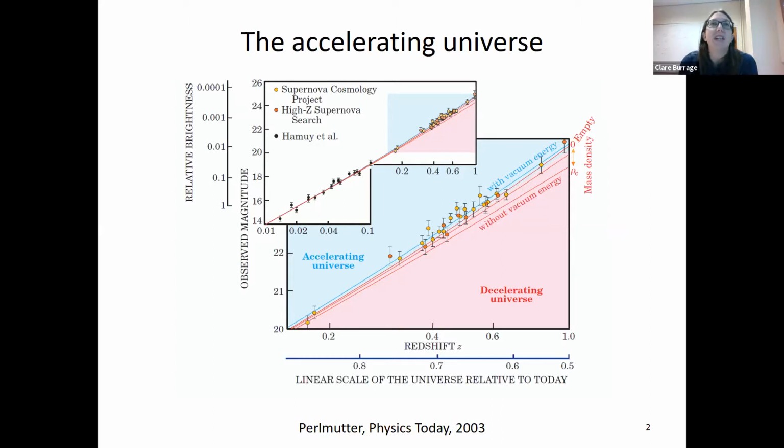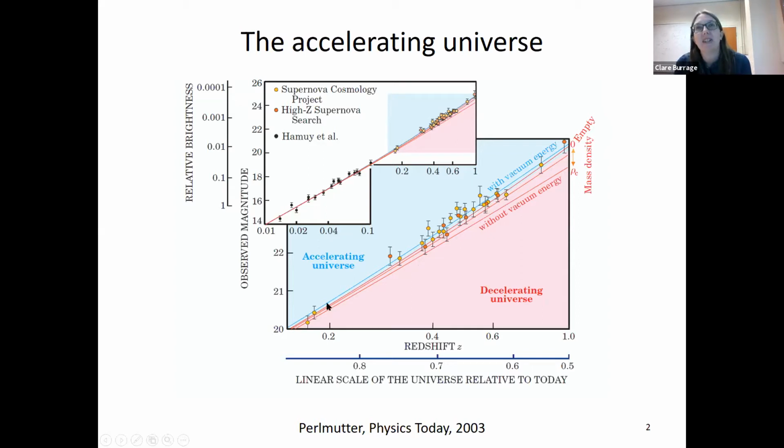Now, I'm deliberately showing you an old picture of supernova data here because I don't want to get sidetracked into talking about the current Hubble tension, which also comes, at least in part, from trying to reconstruct the expansion history of the universe with supernova.